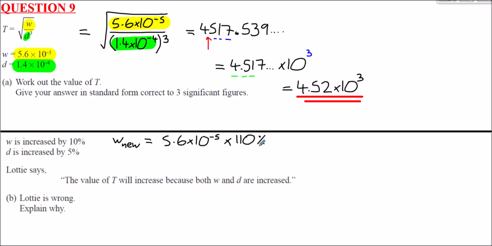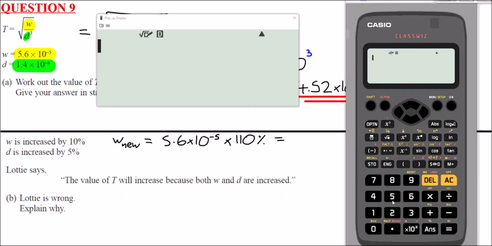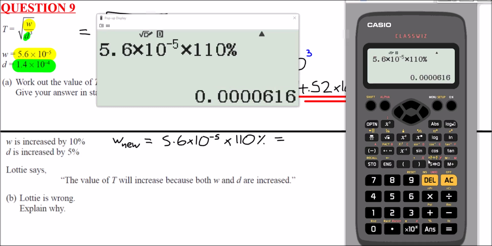Remember, we always start off with 100%. If we add 10%, that means it becomes 110% of its previous value. Alternatively, as a decimal multiplier, we could just multiply by 1.10, 1.1 essentially. So if we try this now, the new value of W, 5.6 times 10 to the power minus 5, times that by 110, shift %. We get this.